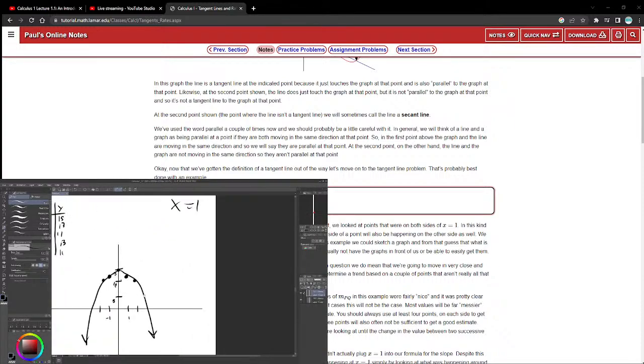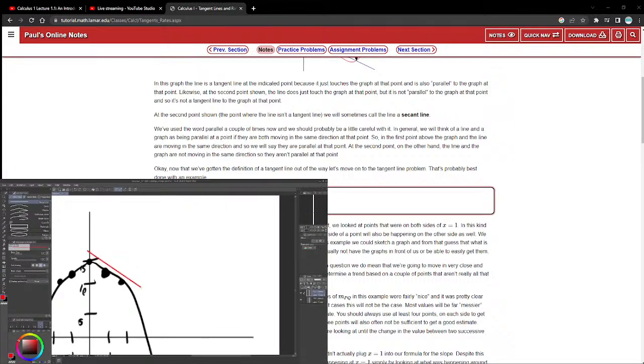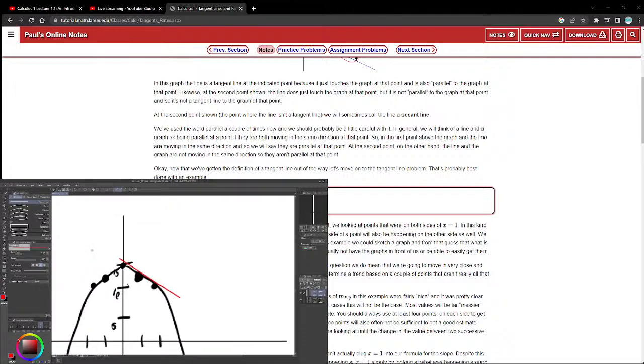So we're trying to find the tangent line here. Say this is the tangent line, something like this.